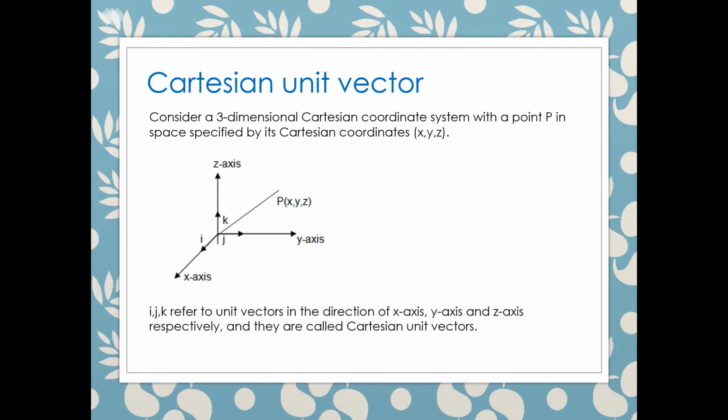Consider a three-dimensional Cartesian coordinate system with a point P in space, specified by its Cartesian coordinates x, y, z. i, j, k refer to unit vectors in the direction of the x-axis, y-axis, and z-axis respectively, and they are called Cartesian unit vectors.